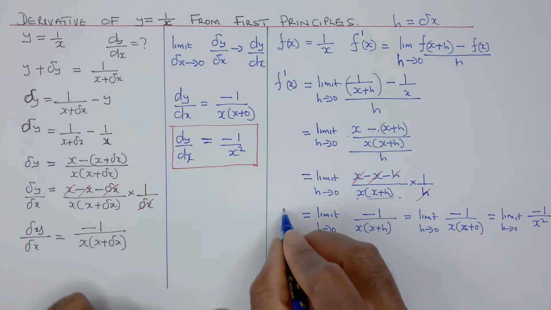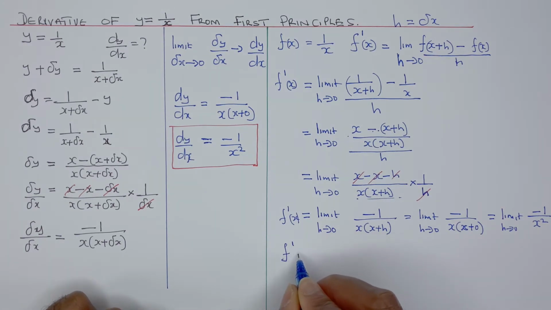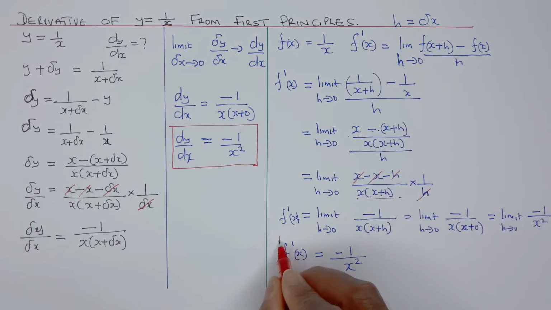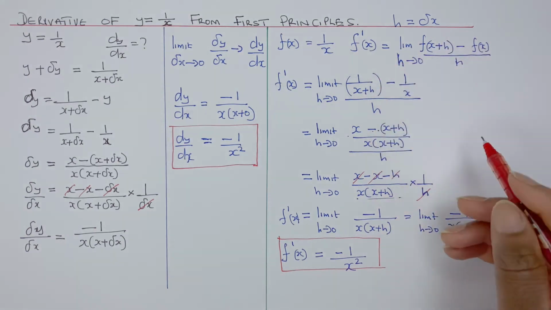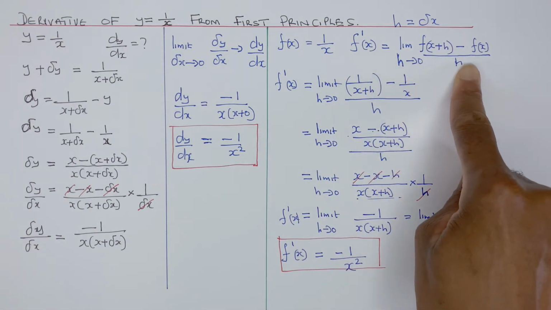So still that's all f dash of x; as h tends to 0 it will become minus 1 over x squared. And that's the derivative using the book's formula approach from first principles. So that's the first principle formula you could use.